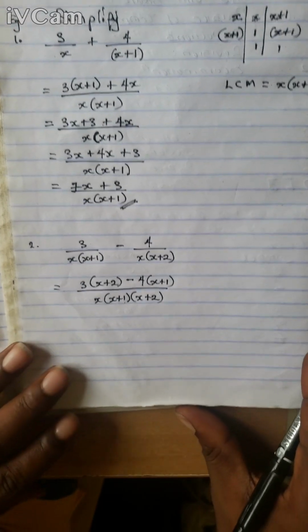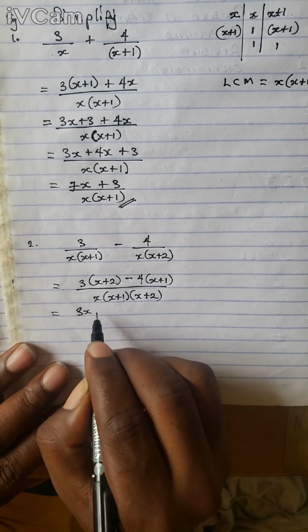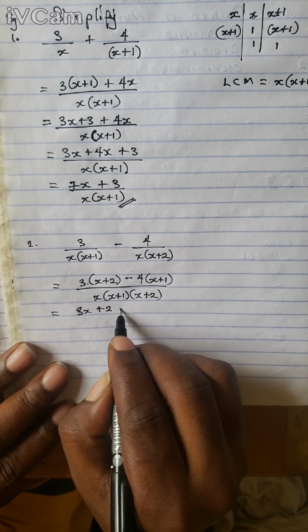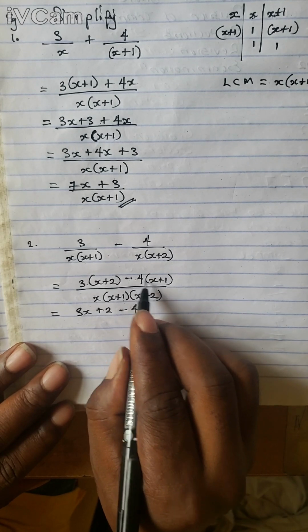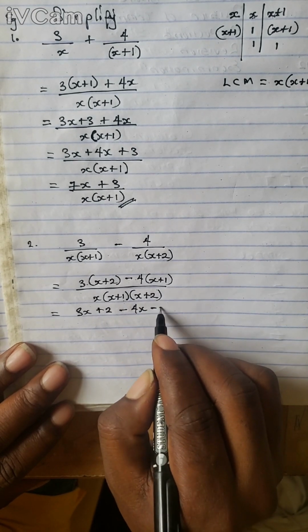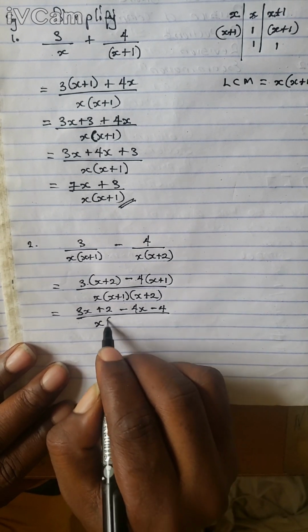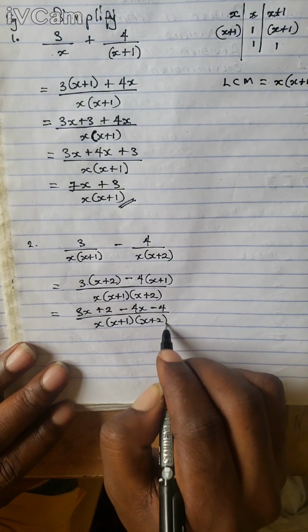Okay, so you open the bracket: this and this will give you 3x plus 6, minus 4x, minus 4 times plus 1 will also give you minus 4, all over x into x plus 1 into x plus 2.